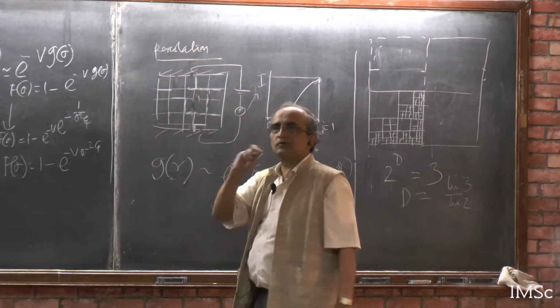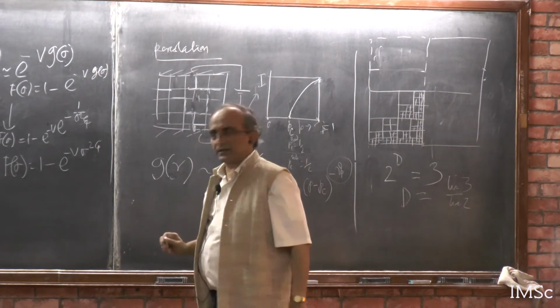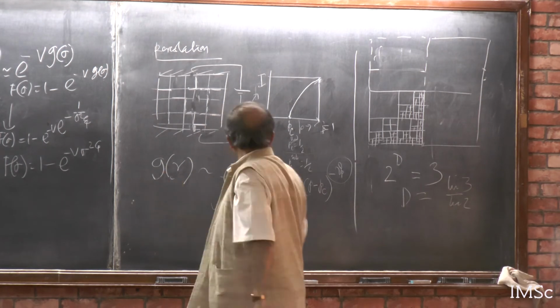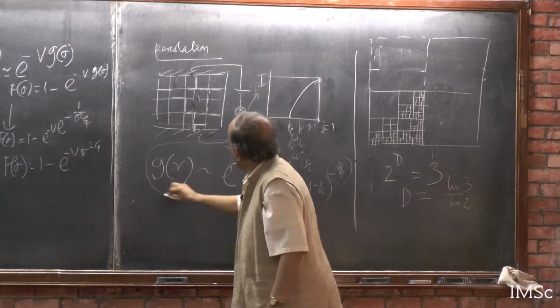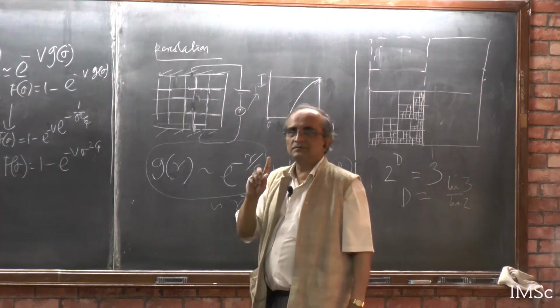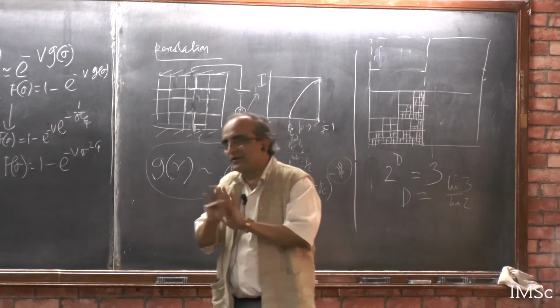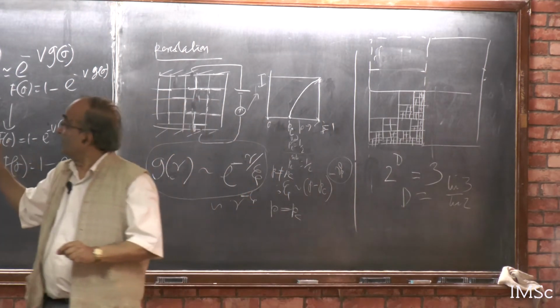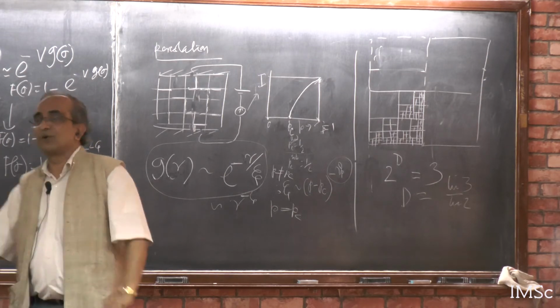Let me try, since she asked this question, to do this form in one dimension. You will see that I will not assume any correlation in the form of overlapping.